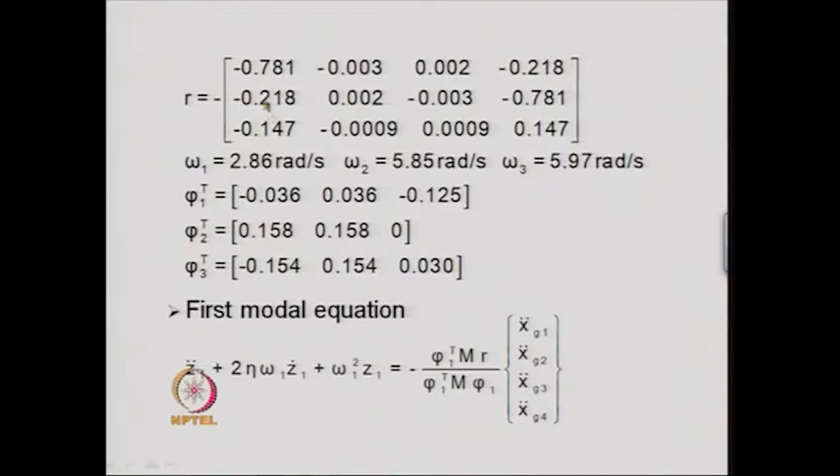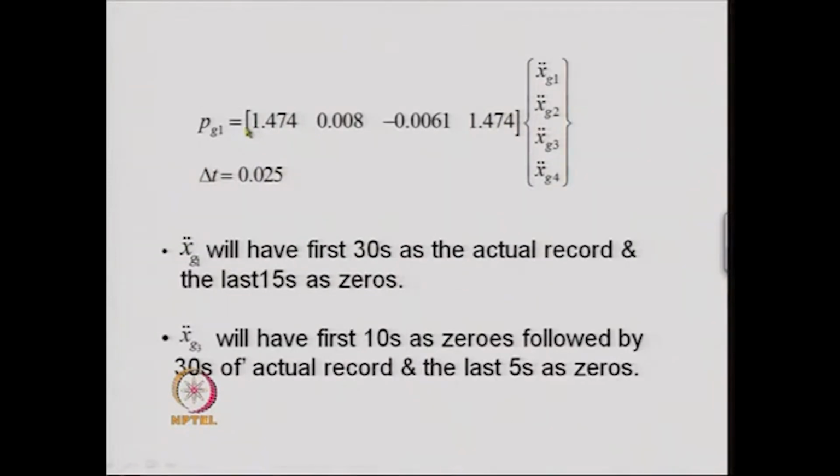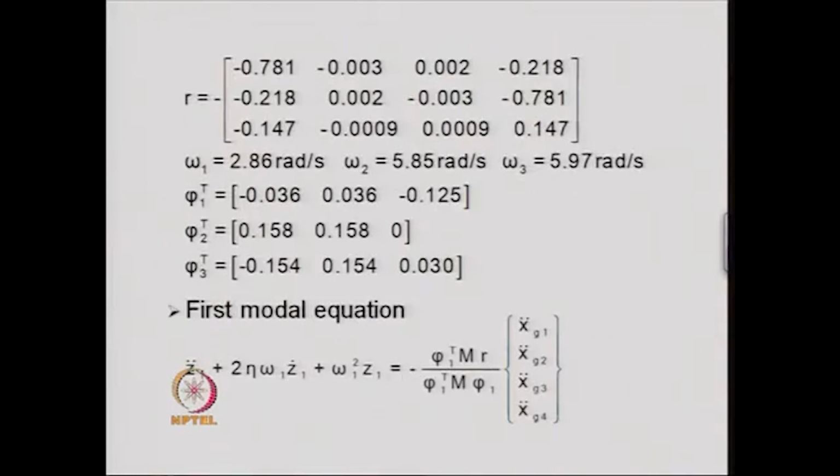With this we obtain the phi 1 t m r, and we get this as the quantity that we obtain once we multiply m into r.